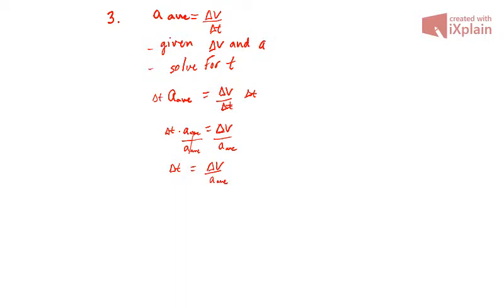Now from here, the delta t is your unknown, and the units for delta t are seconds. Plug in delta v, the change in velocity, plug in a, the average acceleration, and you're done.